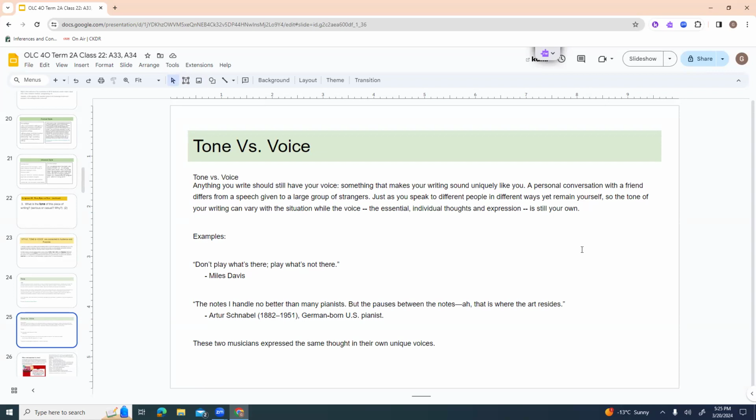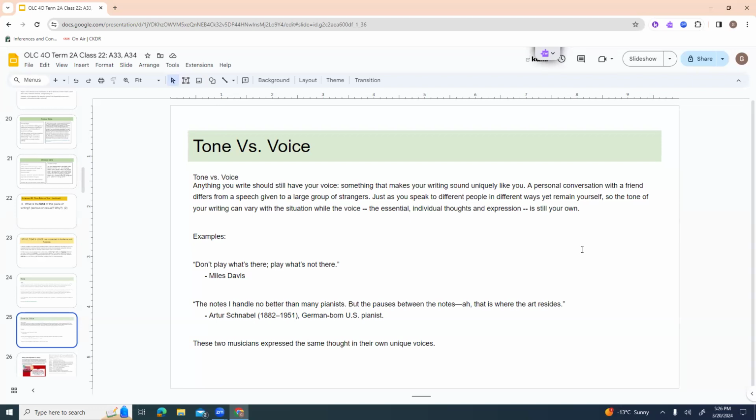A personal conversation with a friend differs from a speech given to a large group of strangers, but it's still coming from who you are, just maybe different parts of you or an edited part of you. So just as you speak to different people in different ways, and yet you're still yourself, so the tone of your writing can vary with the situation, while the voice, the essential thoughts and expression, are still your own.